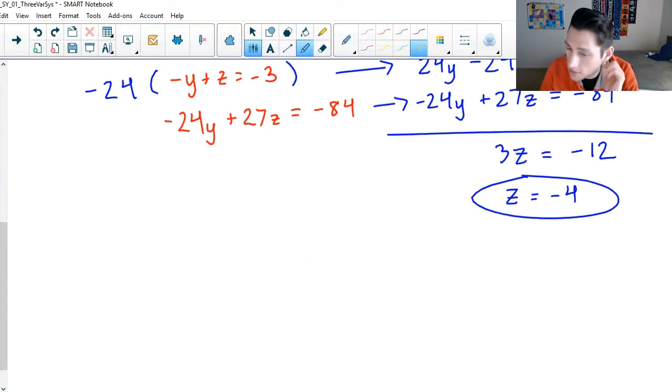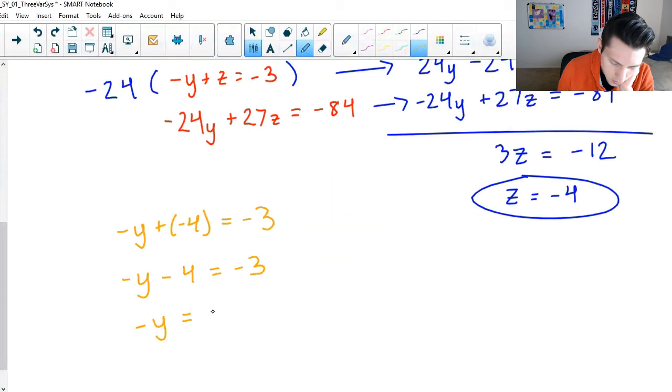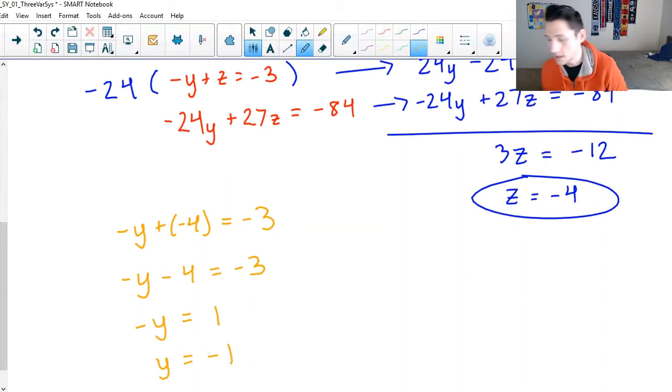Probably the first one would be easier. So negative y plus negative 4 equals negative 3. So that's just negative y minus 4 equals negative 3. So negative y equals 1. Multiply both sides by negative 1. Y equals negative 1.